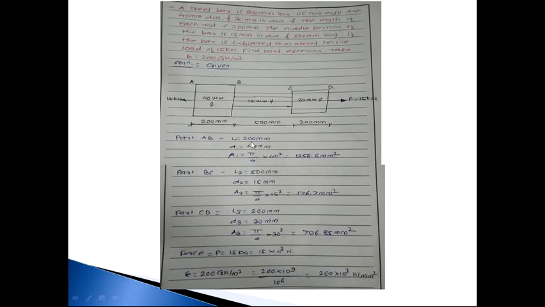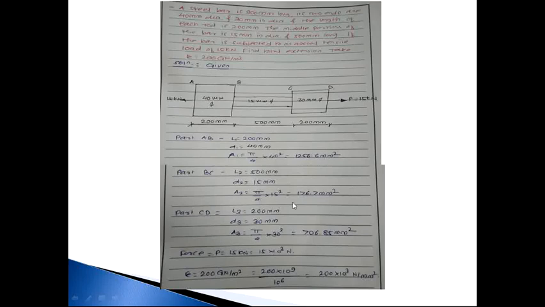So L1 is equal to 200 mm, D1 is equal to 40 mm. By using this D1, calculate A1. Area of a round bar is pi by 4 into D square. So A1 will be 1256.6 mm square. Similarly for part BC, L2 is equal to 500 mm, D2 is equal to 15 mm.